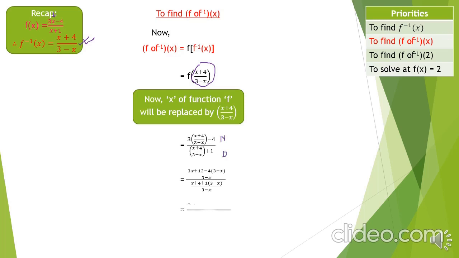Now 3x minus 3 is cancelled, and 3x plus 12 minus 12 after multiplication plus 4x, minus into minus plus, x plus 4 plus 3x plus 3 minus x. Now on simplification you can see 7x upon 7 is x. And now that is the identity function. Let's move on.